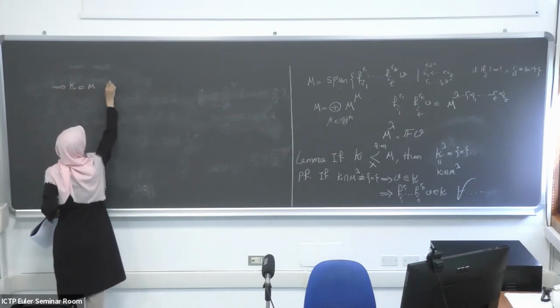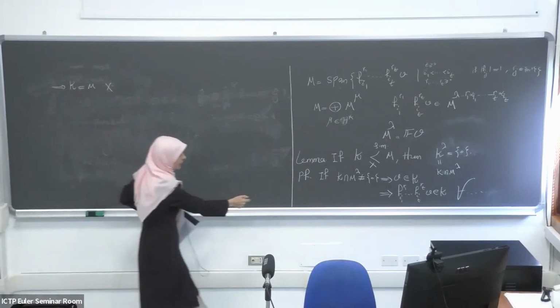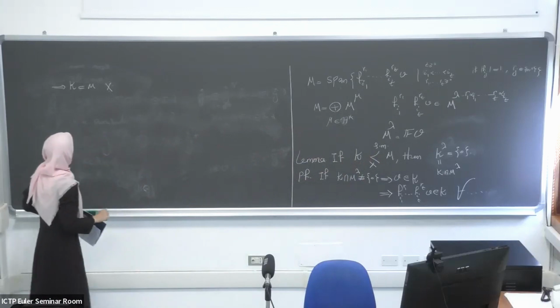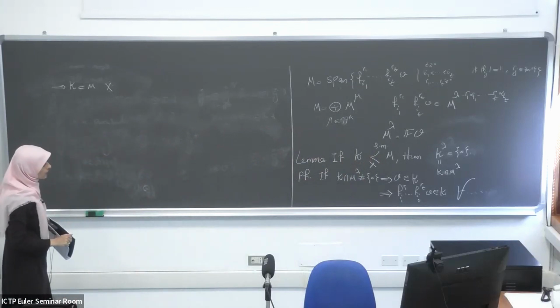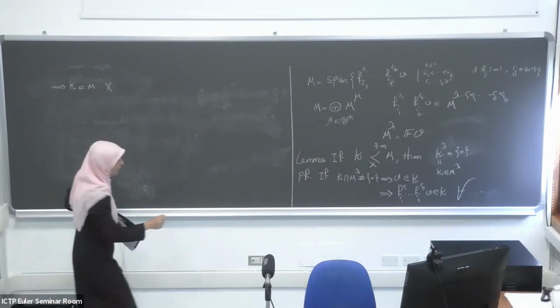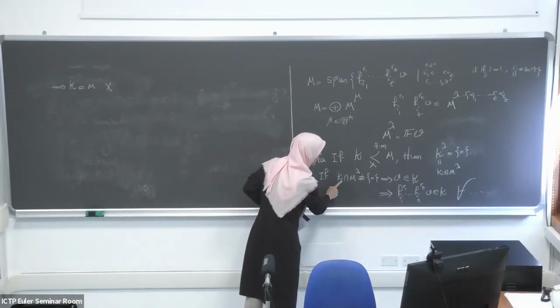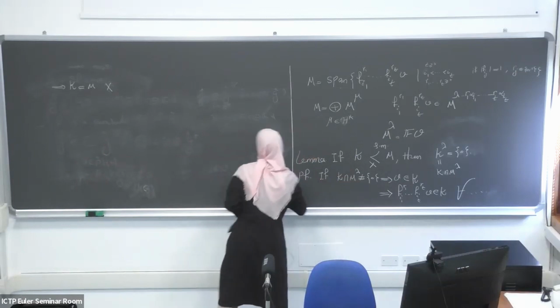And it is a contradiction because K is a proper submodule of M. Okay? And so what was the problem? The problem started from here, that I assume that K intersection M lambda is not 0.